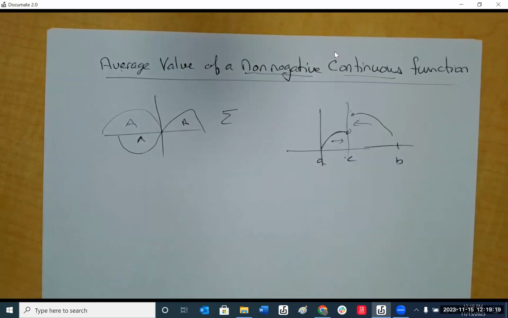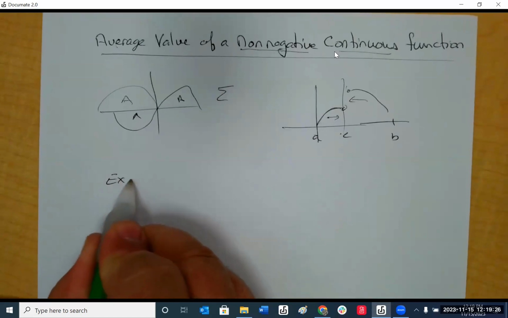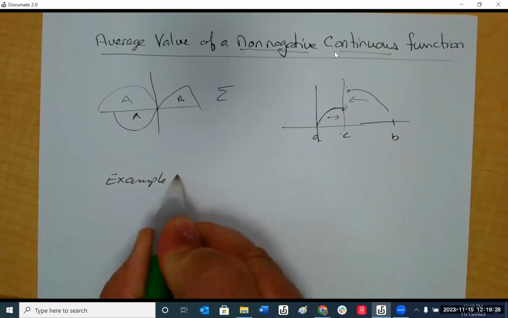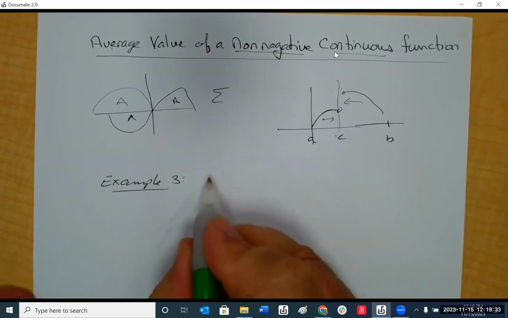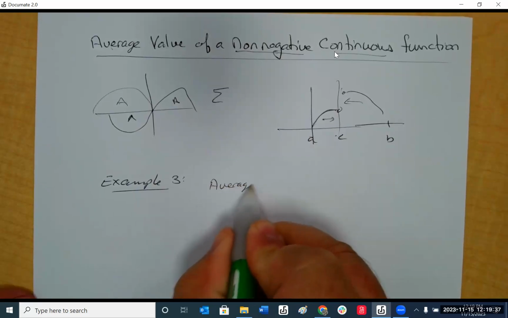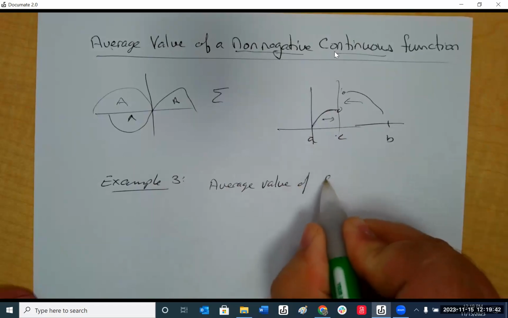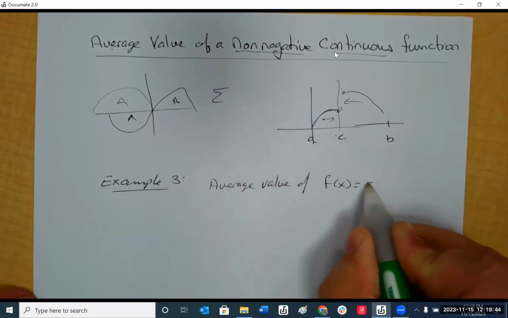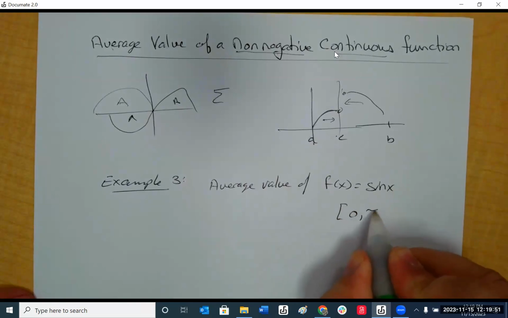Let's go ahead and look at what this example means. Example 3. Estimate the average value of the function f of x equals sine x on the interval 0 to pi.